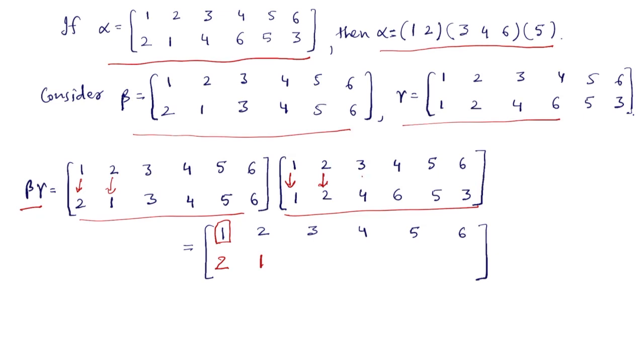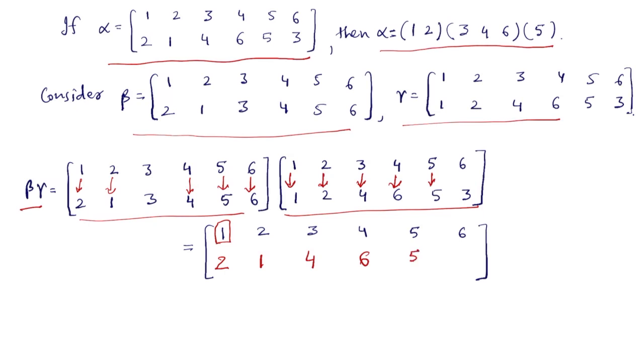Similarly 3 goes to 4 here, and 4 goes to 4 here. So 3 goes to 4. 4 goes to 6 here, and 6 goes to 6 here. So 4 goes to 6. 5 goes to 5 here, and 5 goes to 5 here also.